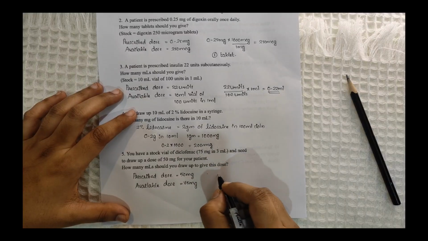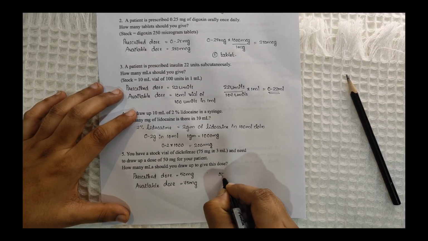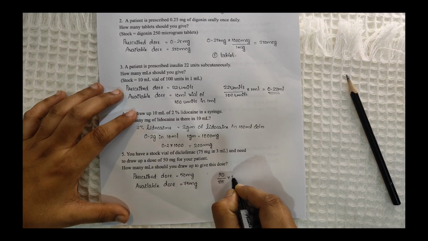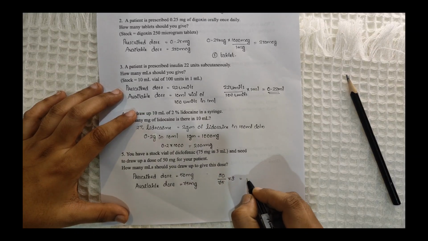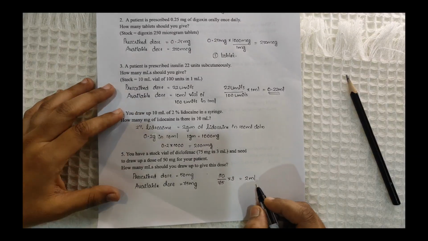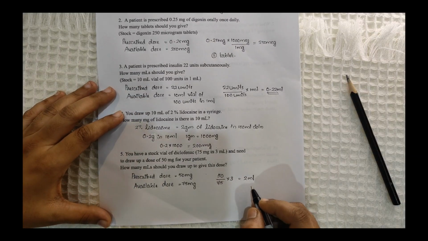So we will do 50 divided by 75 into 3 is equal to 2 ml. So we will give 2 ml of diclofenac injection to the patient.